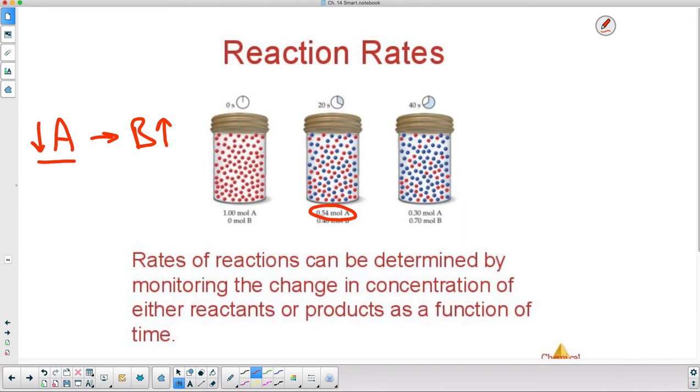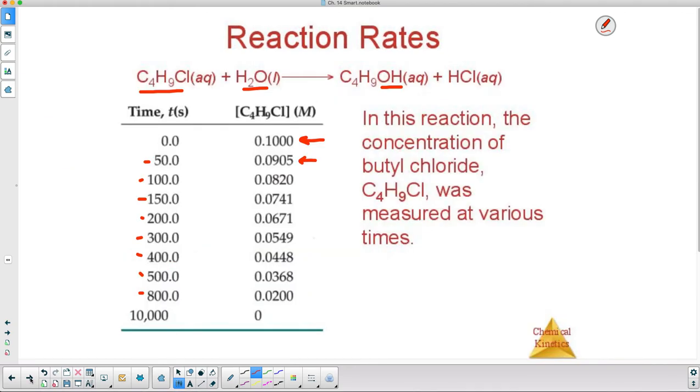Notice that the decrease from 0 seconds to 20 seconds of 0.46 moles for A is actually less when it goes to the next one, where it has decreased another 0.24 moles. It's typical for a reaction to decrease in reaction rate as the reaction continues, and we'll talk about why in a second.